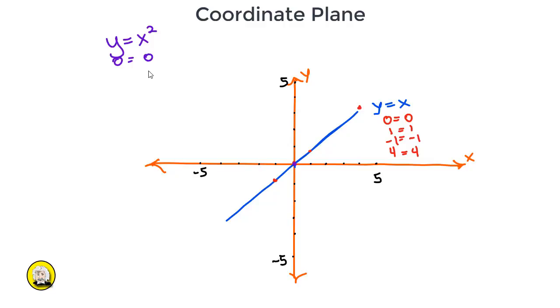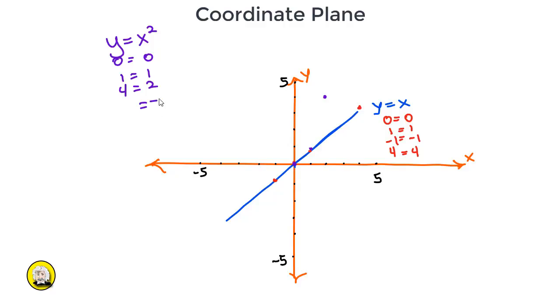And likewise, when x equals 1, 1 squared is 1, so y should also be 1. So far, it looks not too different, potentially, than the line we drew before. But here's where things start getting different. When x equals 2, y will be 2 squared, or 4. And that's a very different point, as shown.